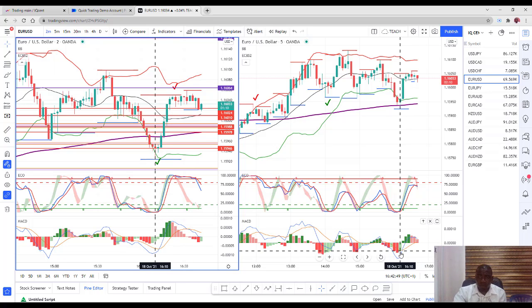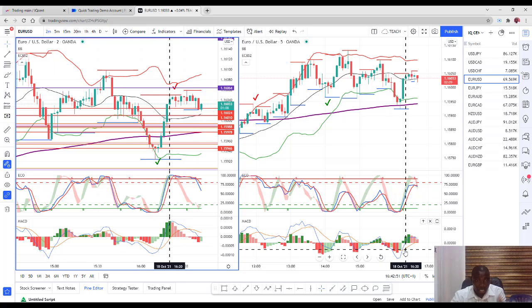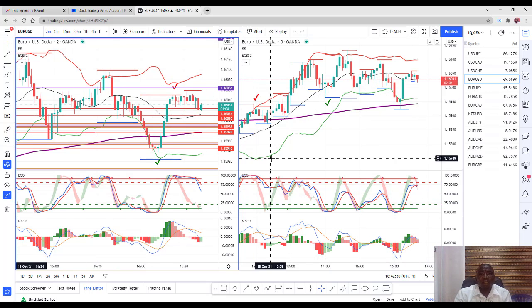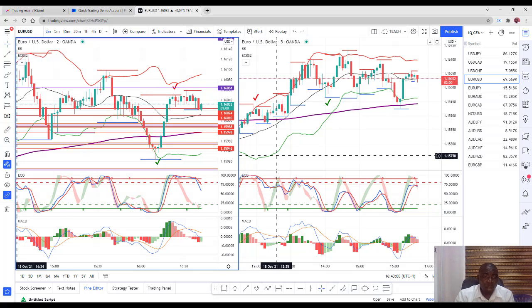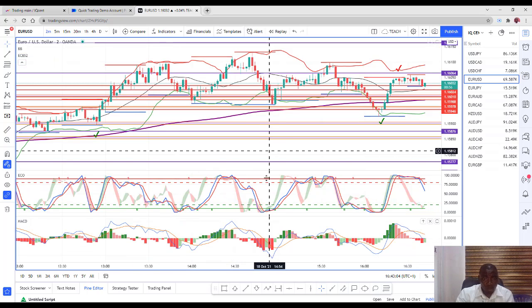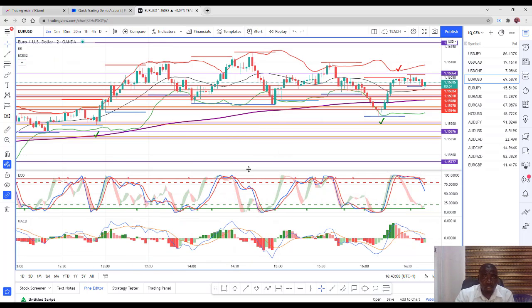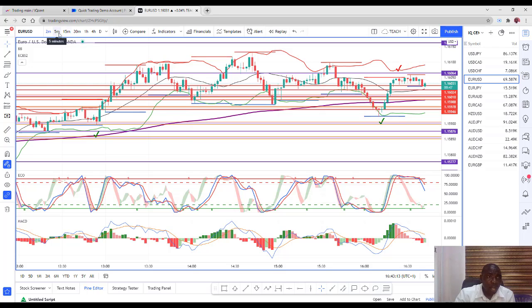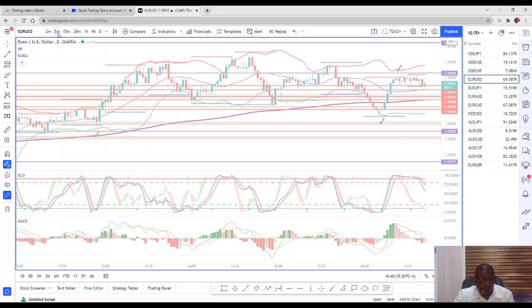This tells me where the market is swaying to, because that's the essence of the currency strength meter. So all you need is to have a look at a higher time frame. If you don't have a registered TradingView, you just have something like this, all you need to do is go to a higher time frame. What is it saying?